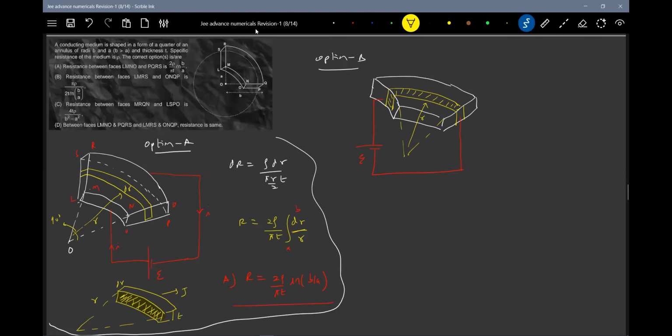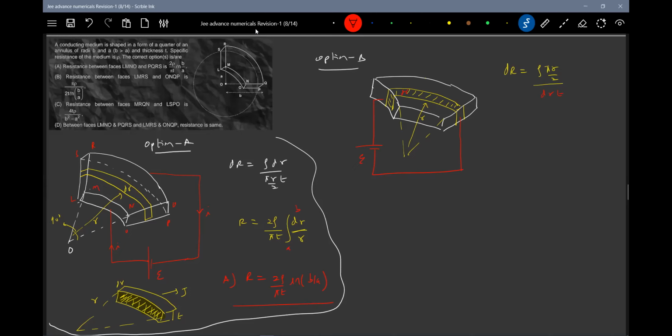What should be the resistance of this elemental one? dR equal to rho into what is the length? Length will become pi r by 2. What should be the area? Area will become dr into t.